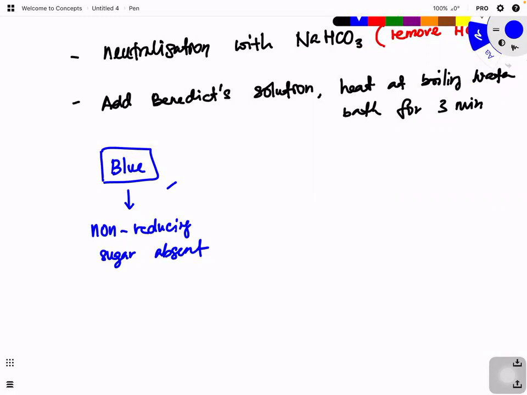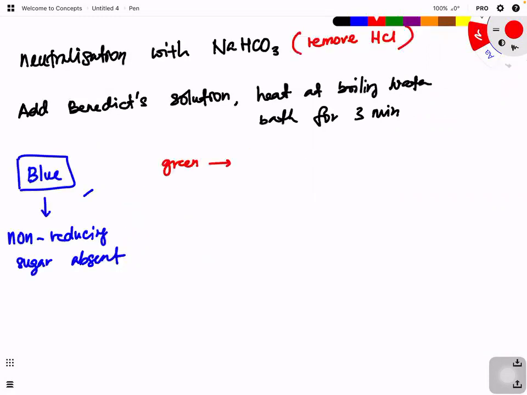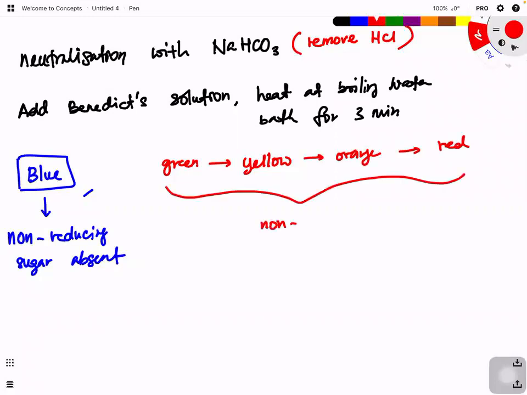But if you have the series of color change now, from green to yellow, from yellow to orange, orange to red or bright red, then what is the conclusion? We can conclude that non-reducing sugar is present.